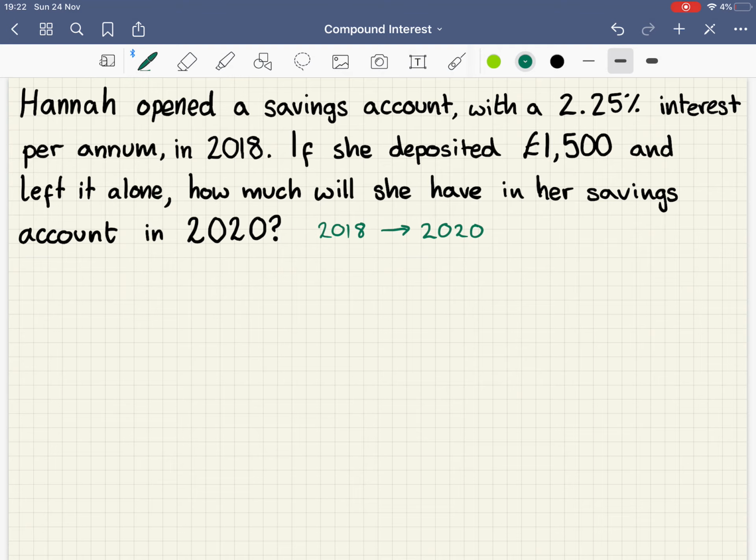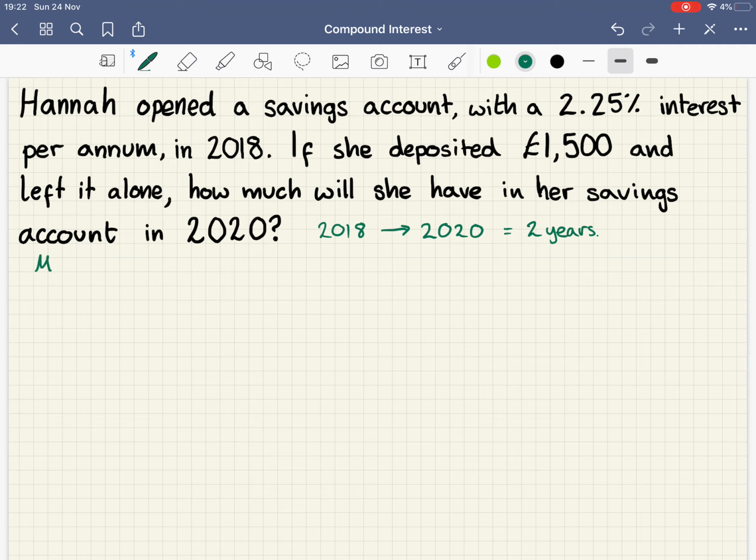Or you can even just do 2020, take away 2018, which gives you 2 years. So I would even just make a note that that time scale is 2 years, just so you don't do something daft. And if you're using the equation, I've seen people put 2018 as their power. It's not that power. It is strictly that 2 years.